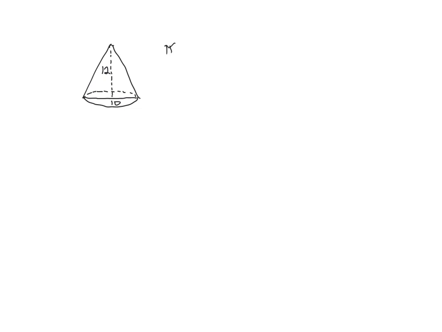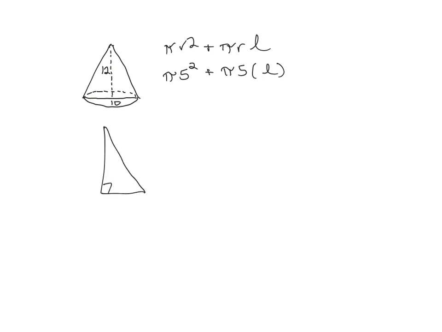So if I'm doing pi r squared plus pi r L, I have the pi, and the radius would be 5, half of 10. And I don't know what the L is. So I have this triangle. And like I said, the 5, 12, 13 would give the slant height.